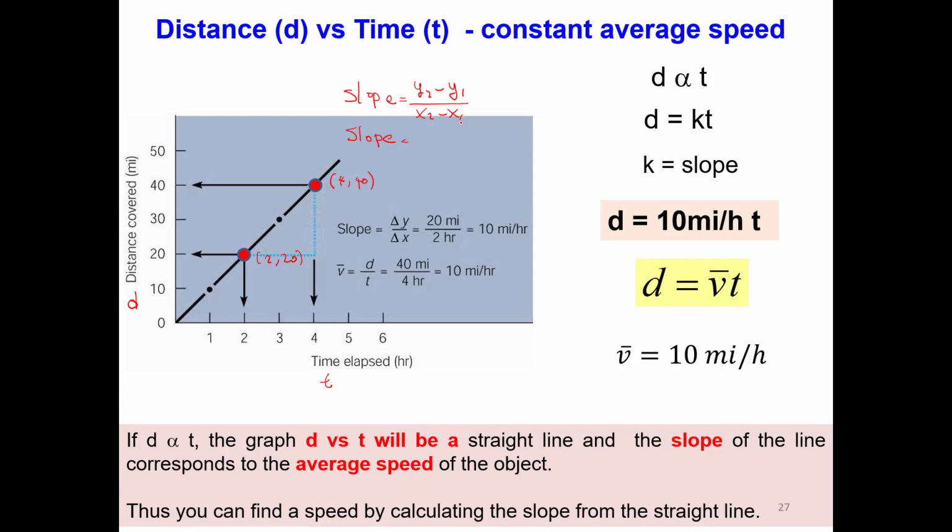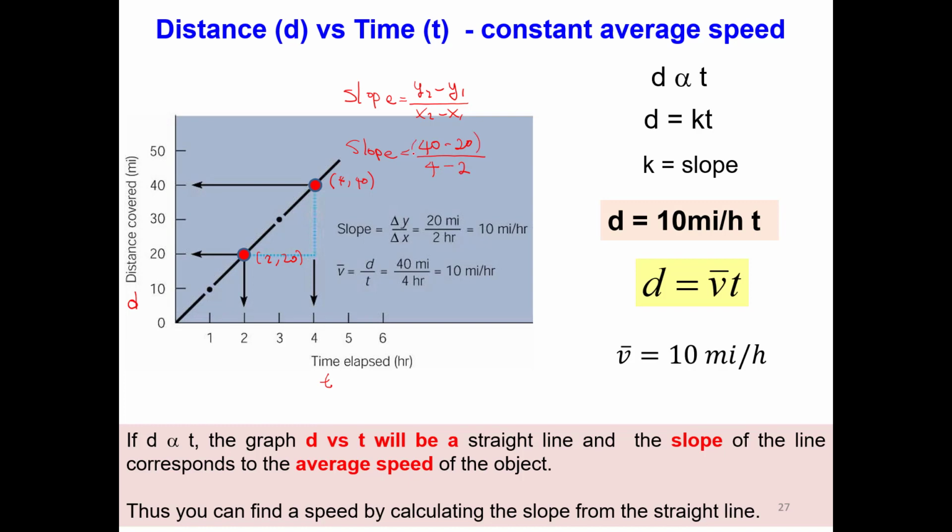In this particular case, the slope will be 40 minus 20, divided by 4 minus 2.